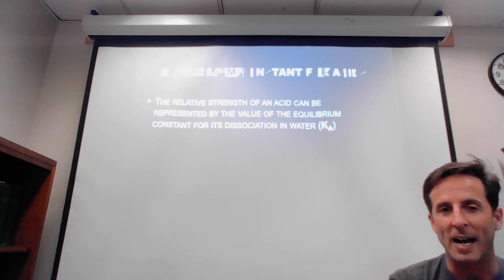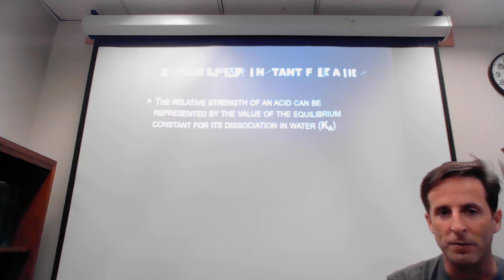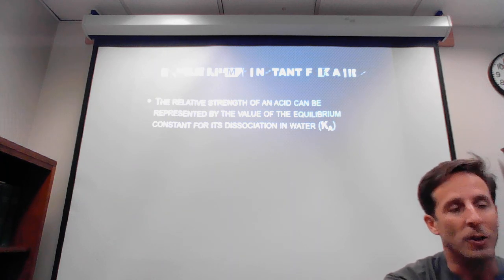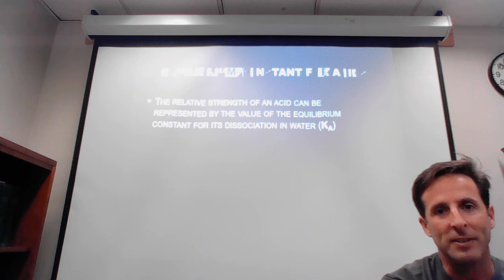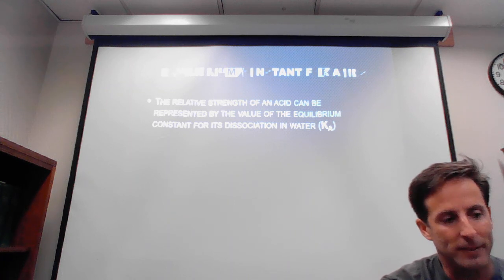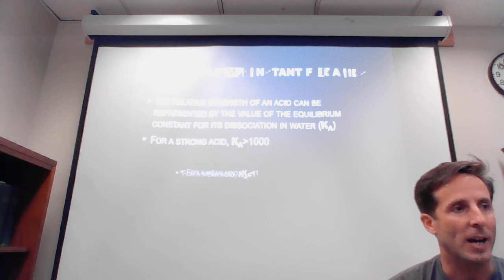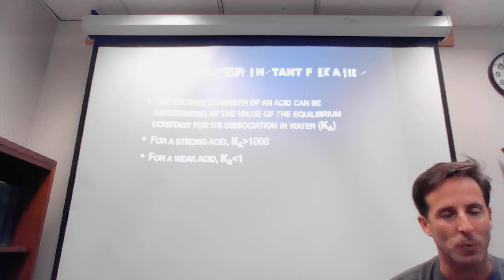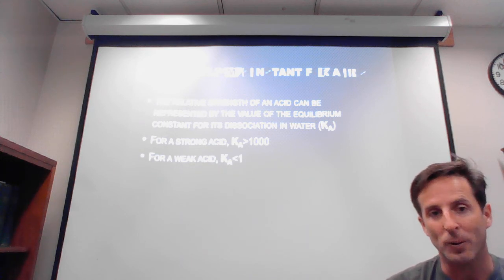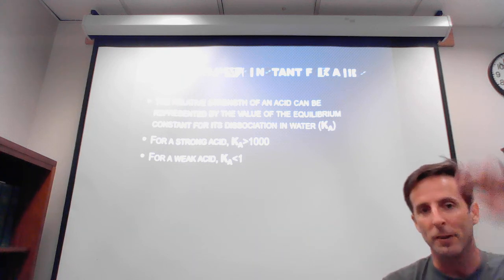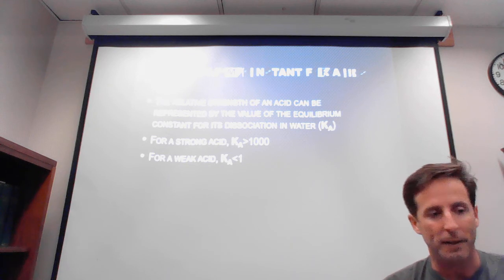I think with acetic acid, it's usually on the order of 1 to 5% that ionize. So the value of Ka can give us an indication of how strong or weak an acid is. Strong acids, Ka is greater than 1,000. Weak acid tends to be less than 1, usually a lot less than 1. There aren't many acids in that middle range. It's either a really big Ka or a really small Ka.